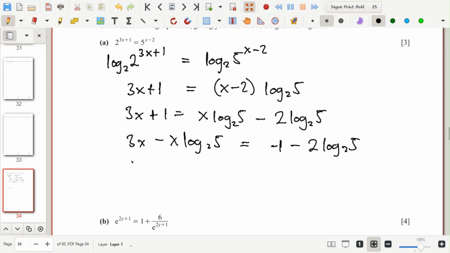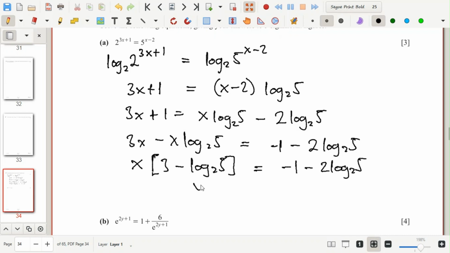They have x in common, so I factor that out. Now let's divide both sides by this expression and see.